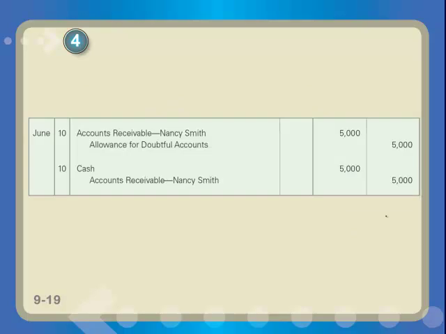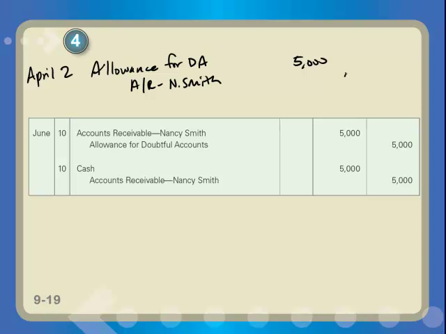When we wrote hers off on April 2nd, we debited allowance for doubtful accounts for $5,000, and credited her accounts receivable for $5,000. That's when we wrote it off back in April.